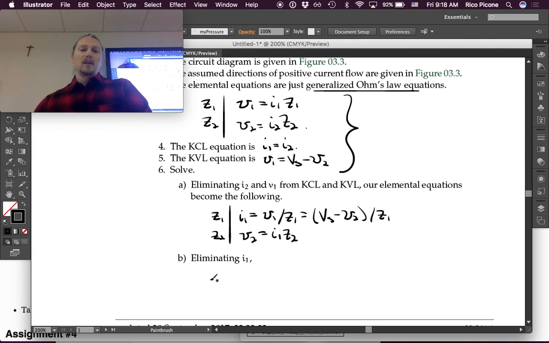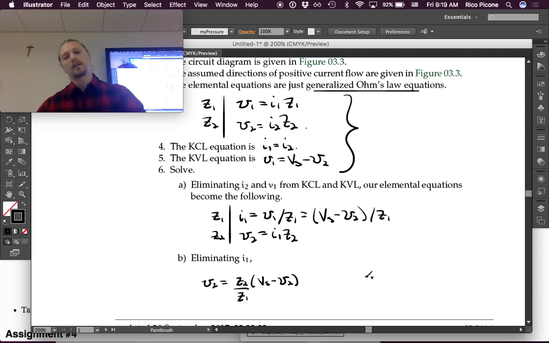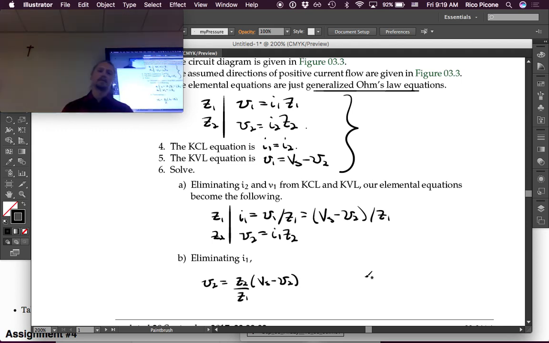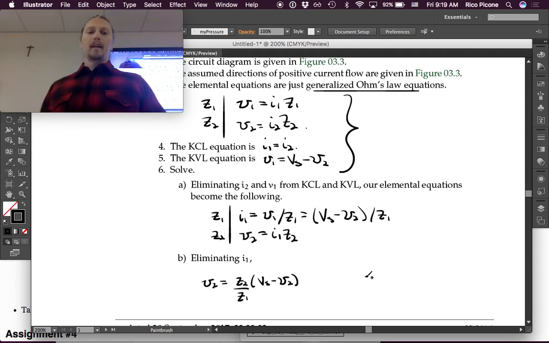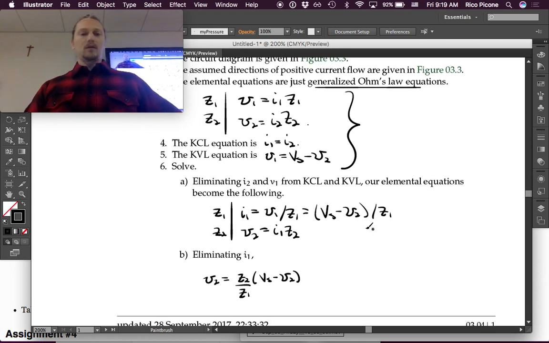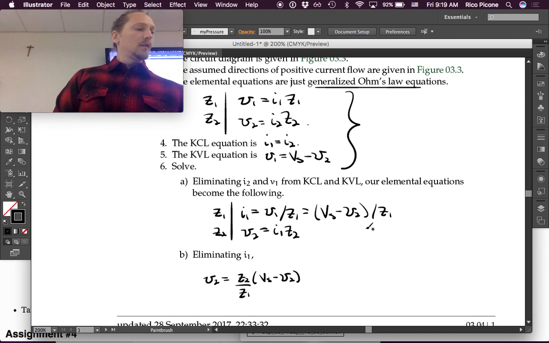We get V2 equals, instead of I1, Vs minus V2 over Z1. I'm going to pull out the Z2 over Z1 factor, and go to the next page.